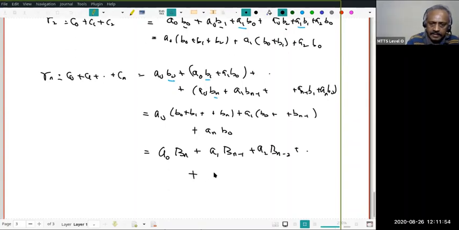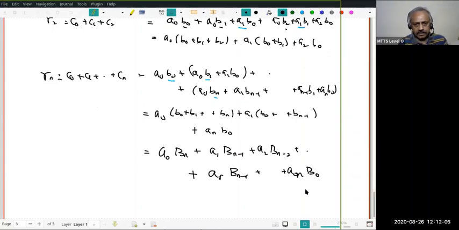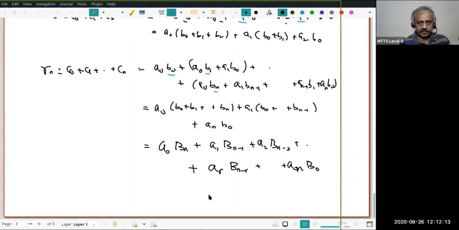And Ar will be Ar into Bn minus r. The last term will be An into B naught. B naught is just the first term B0. That's it. Is that all right? Do you understand this? This is very crucial for our understanding. This is pure algebra. There is nothing. Okay, good.